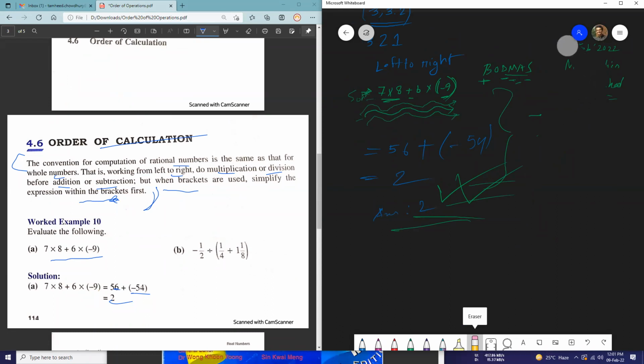Today is the only day for order of operations. After today, I'll provide you the worksheets. There are about 8 worksheets. Submit as much as you can, and I will give you marks based on those 8. Those 8 worksheets are really easy. They're based on the number system.